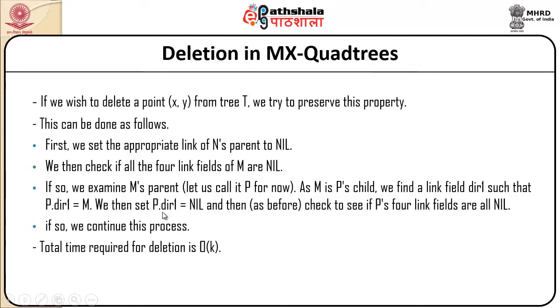We then set P dot dir1 equal to nil, and then check to see if all 4 links are nil. If so, we continue this process, or else if there is found to be a specific node which is branched from that particular node, then we cannot delete that particular node.